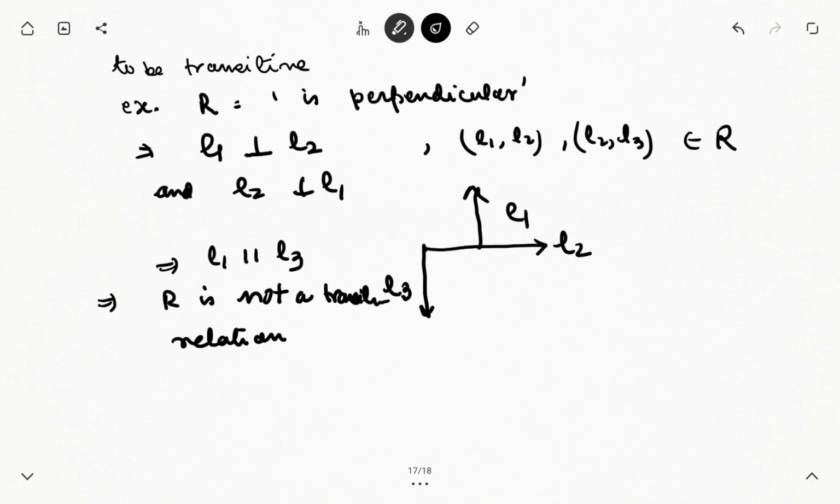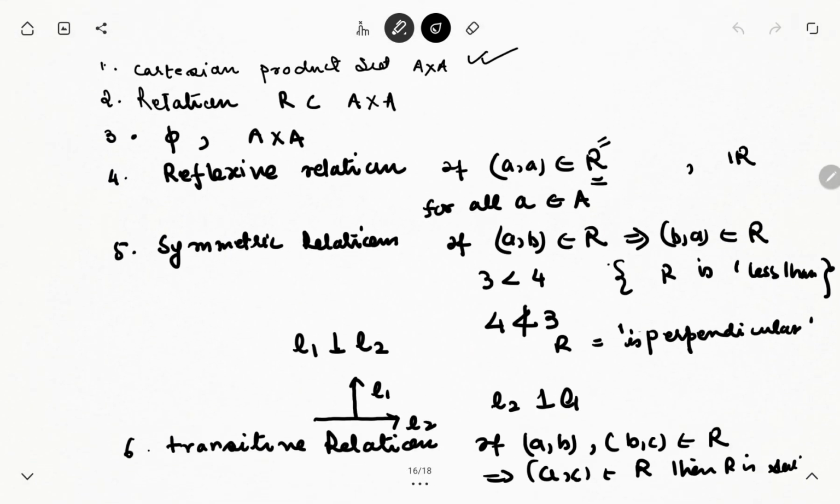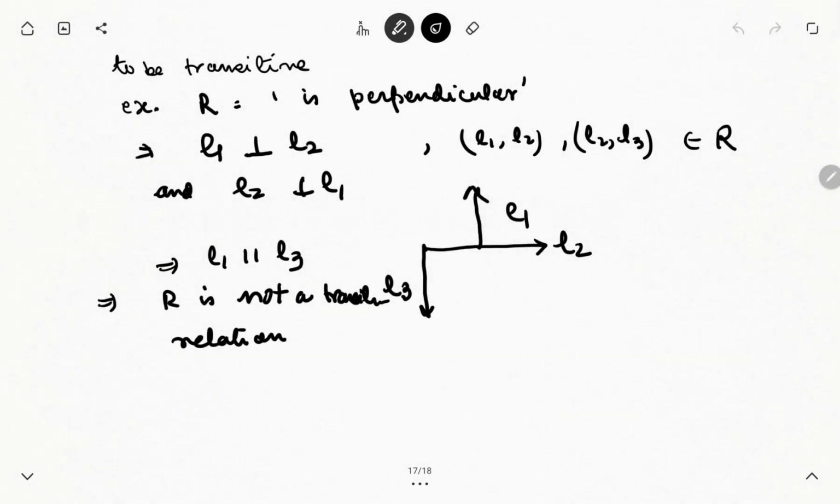So now we must find a relation which is transitive. Okay, now I am coming back to the earlier example, less than, right? Let's see whether this relation R, less than, is transitive.